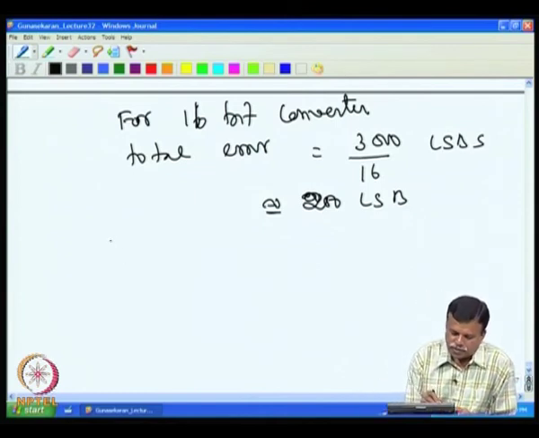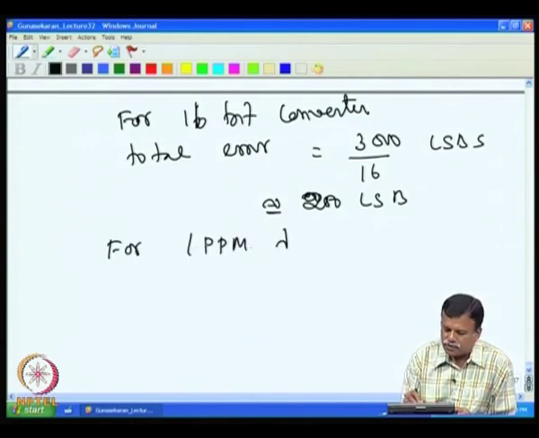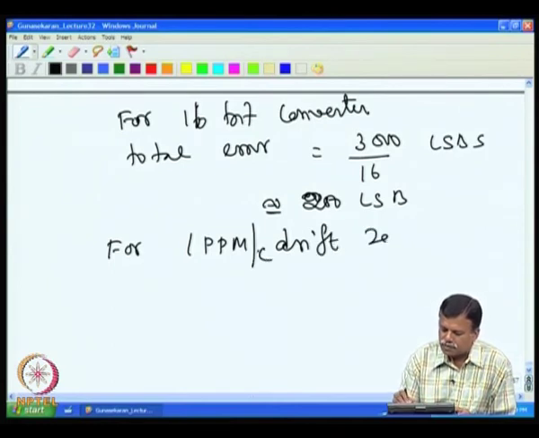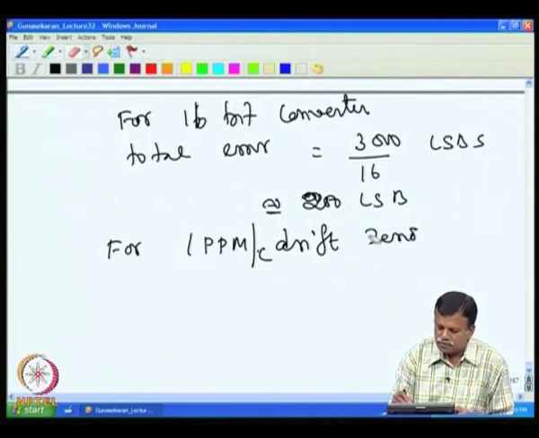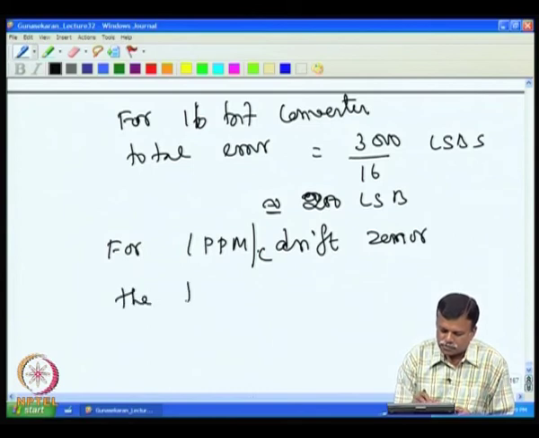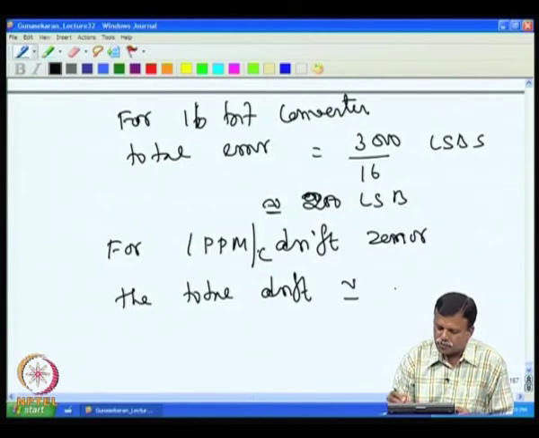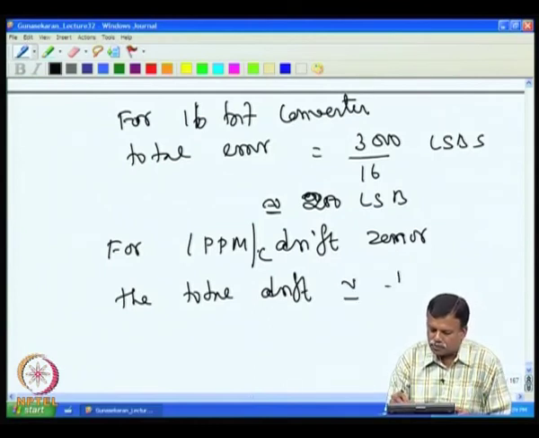For a 1 ppm per degree C drift Zener, the total drift would be equal to, we will have 1 in 10 power 6 into 100 as the voltage drift.